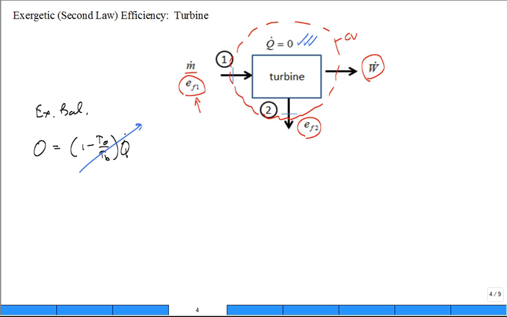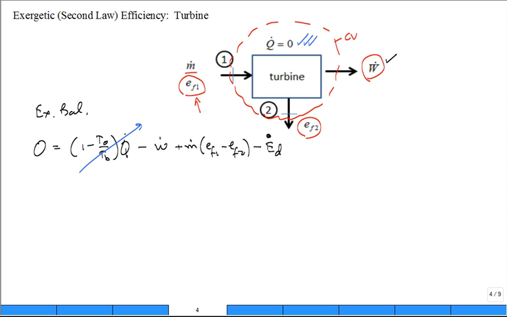There's no heat transfer to the surroundings, so Q dot is 0. Then we'll have minus W dot. That's the same right here. Then we'll have m dot times (EF1 minus EF2), the change in the flow exergy from inlet to outlet, minus the exergy destruction rate. Did I write that equation correctly? Look good?